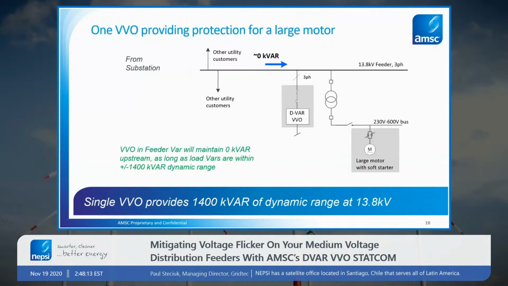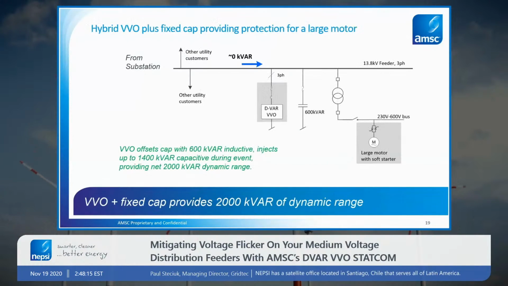To extend up a little more, we also support a hybrid configuration, and this is a nice cost-effective way to get another 600 kVAR of dynamic capacitive capacity out of the device.